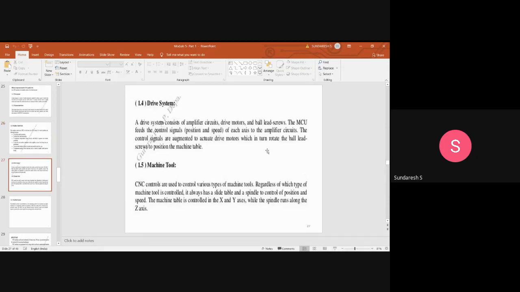Then the fourth component is the drive system. A drive system consists of an amplifier circuit, drive motors, and ball lead screws. This is where we need to have the movements. The MCU feeds the control signal to the amplifier circuit of each axis.